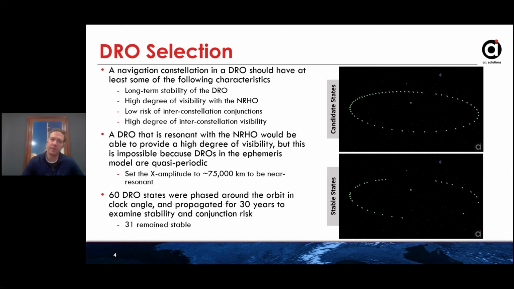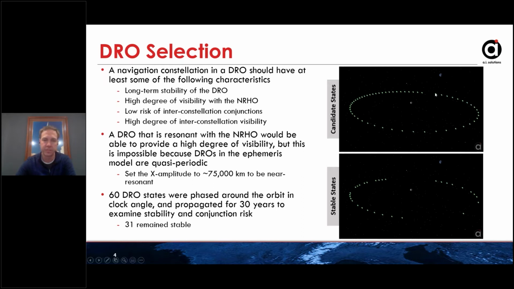What I did with FreeFlyer was essentially target a whole ring of 60 distant retrograde orbits, shown in the upper view, at essentially the same amplitude of distant retrograde orbit, ringed around in clock angle. Those were all my initial candidates.